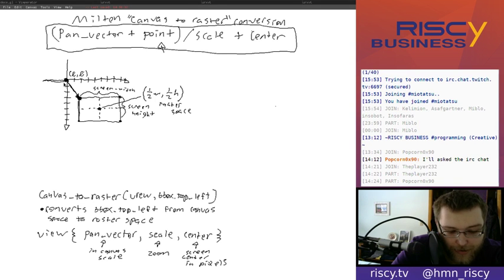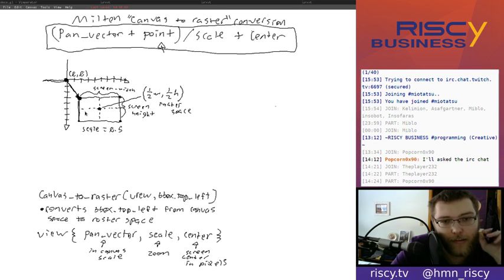So let's just say the scale equals 0.5, right? So it's like half the default size, okay? Our screen is half the default size. Or I mean, our view is half the default size.